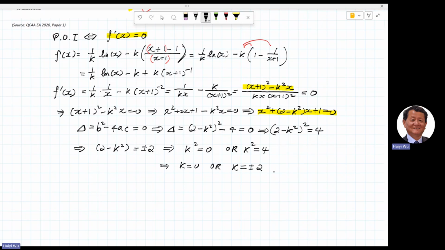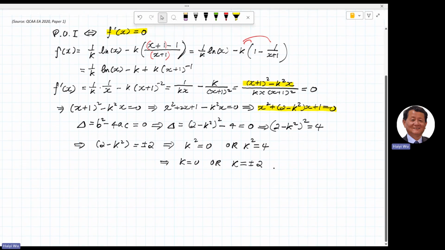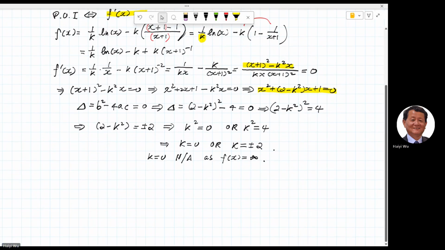However, if you look at the original function, you can see K is in the denominator, so it cannot equal 0. Therefore k equal to 0 is not applicable because it causes infinity. When k equals 0, f(x) becomes infinity, so it's undefined.